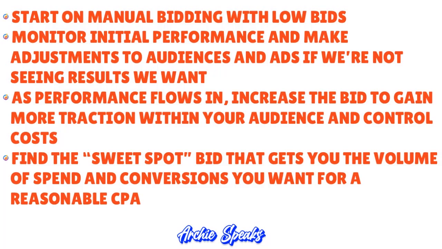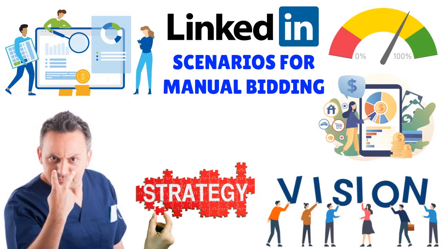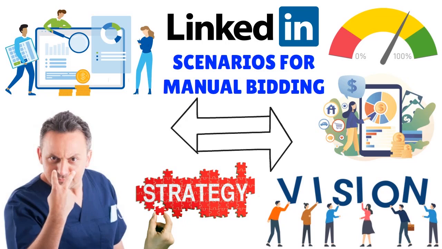One thing to keep in mind is that just about every campaign is right for manual bidding at some point in its journey. But you have to adjust your strategy to make sure it fits the manual bidding process.